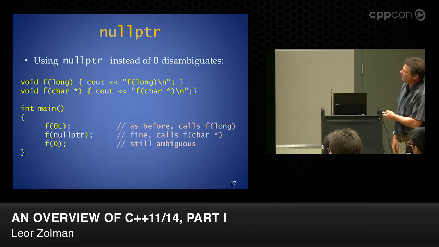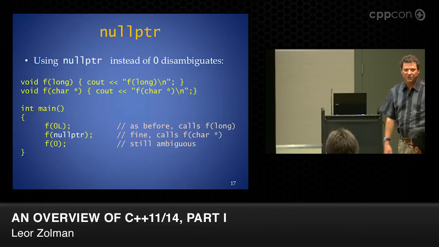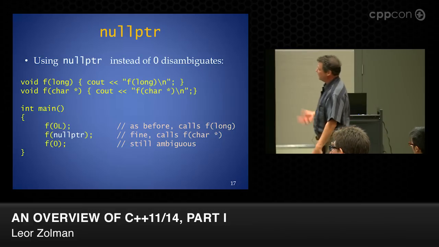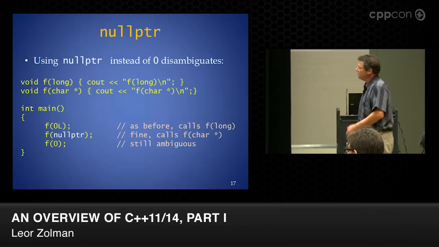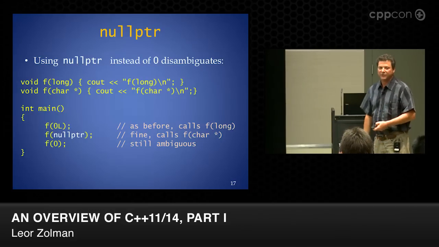So as before, given the same 2 functions overloaded, if we pass 0L, it still binds to the long. If we pass nullptr, it binds to the char star, completely fine. If we say 0, it's still ambiguous, and that's a backwards compatibility issue, right? You want things like that to work the same way as they used to, but if you start moving to using nullptr instead of 0 here, then you leverage that facility.